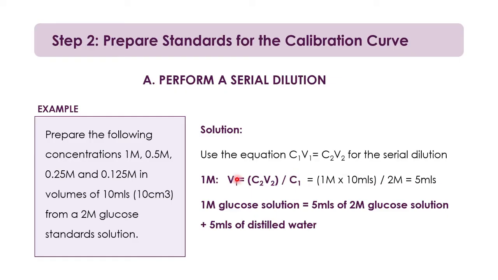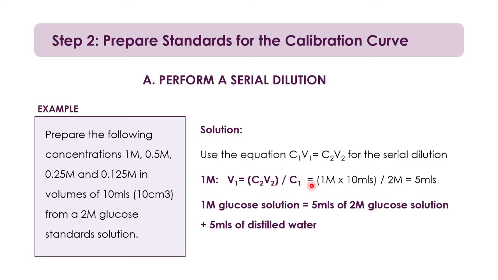Let's see how to prepare the 1 molar dilution. Using the equation C1V1 equals C2V2, we make V1 the subject. So V1 is equal to C2V2 all divided by C1.